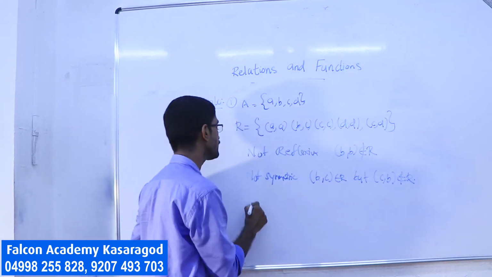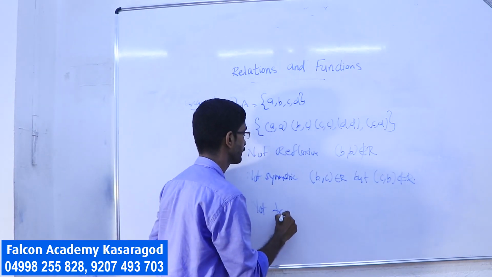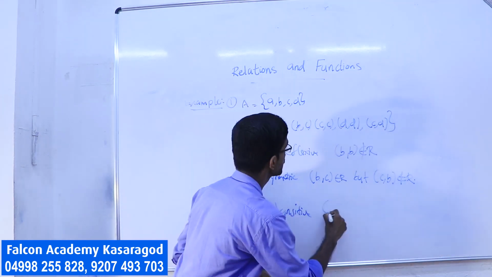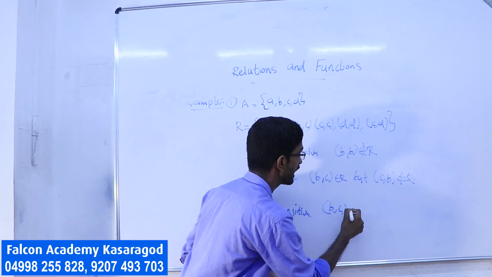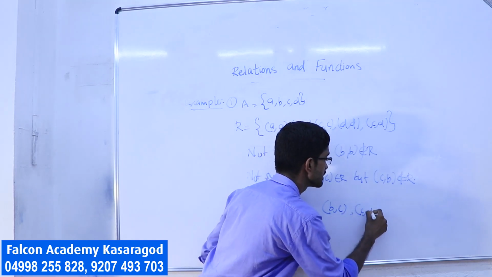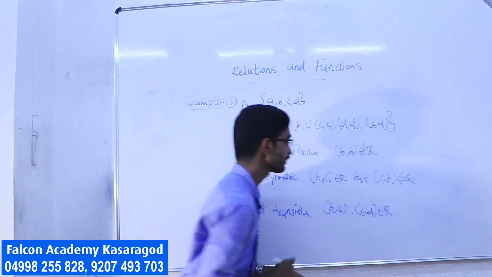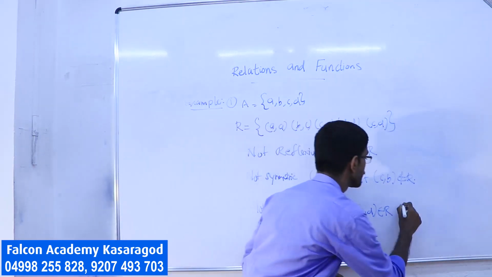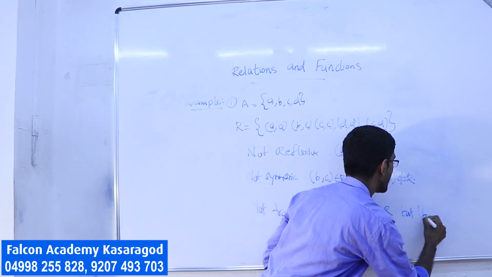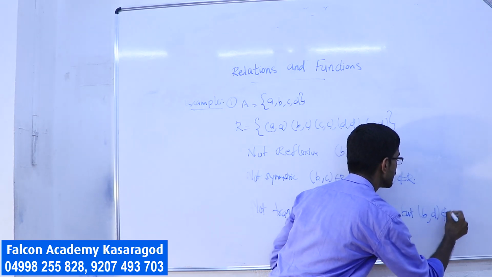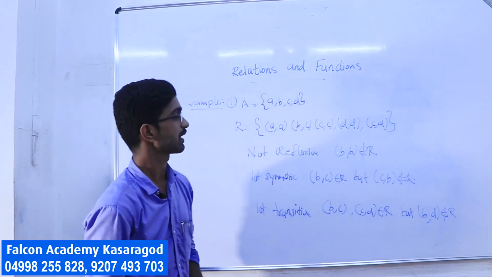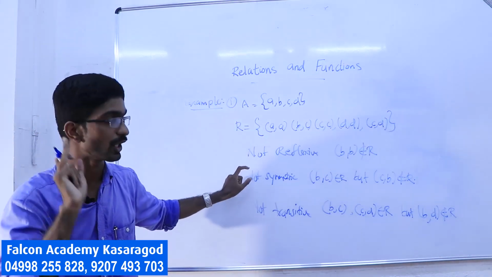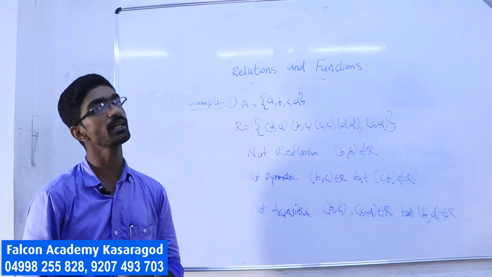So this is not transitive because bc and cd belong to the relation R, but the element bd does not belong to R. So this relation R is not reflexive, not symmetric, and not transitive.